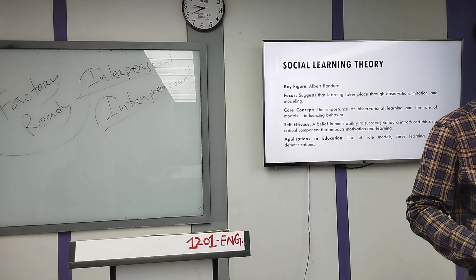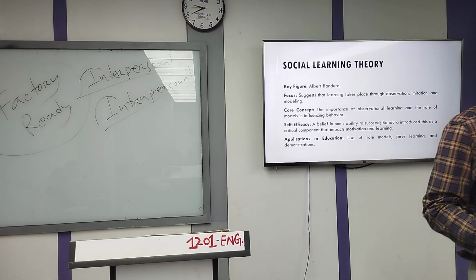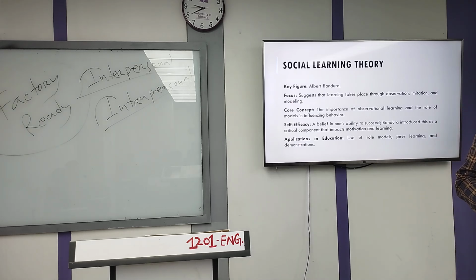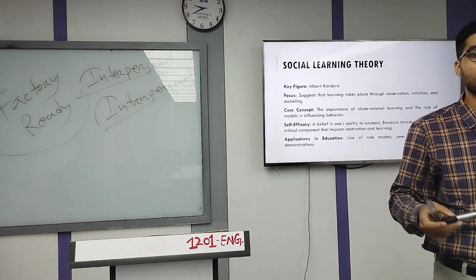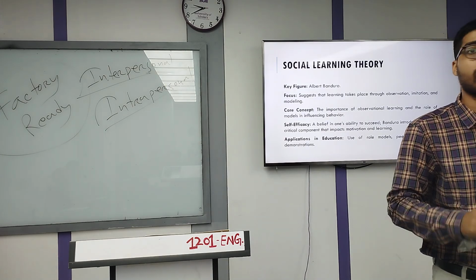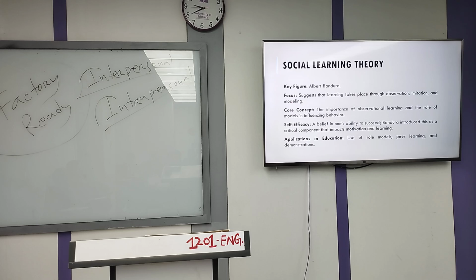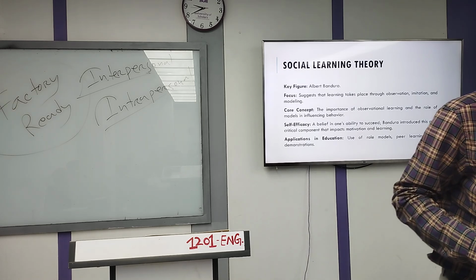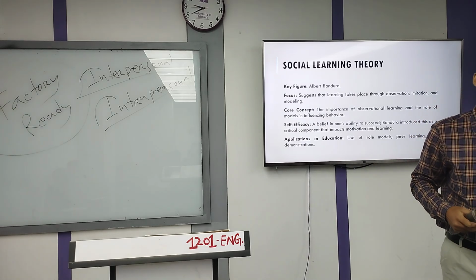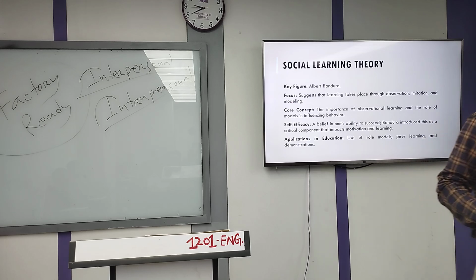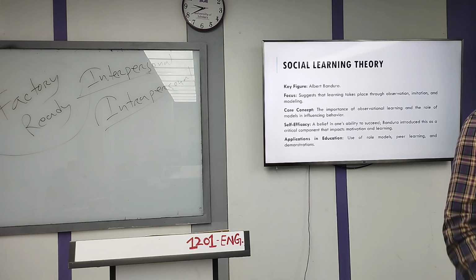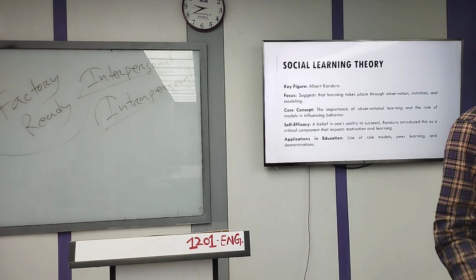Maybe someone's role model is Sabina Yasmin, and someone else's role model is maybe Taylor Swift. Both of them are great singers, no doubt about that, but they sing in different genres. So the role model you keep, you keep the genre also. If your role model is Taylor Swift, it would be very hard for you to sing like Sabina Yasmin, and vice versa.